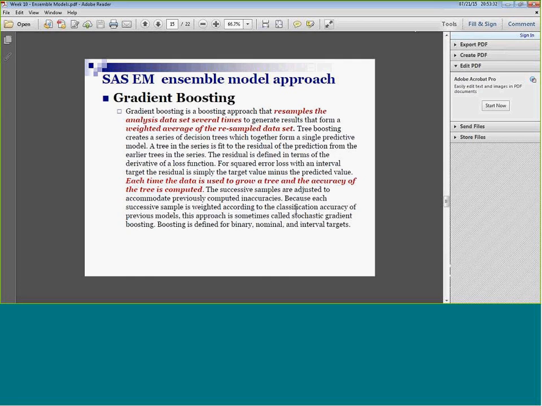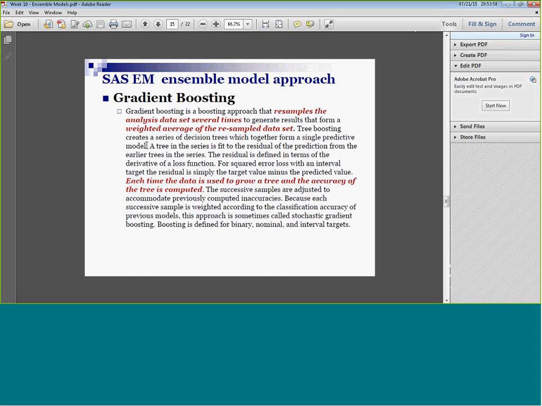And it builds decision tree models, which together form a predictive model. So it's not unlike random forest, except it's not using a subset of the inputs. According to the SAS literature, the gradient boosting often is even better than random forest. In fact, they're quite proud of it, which is why they push the gradient boosting.